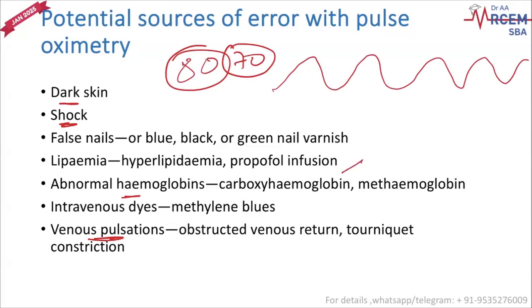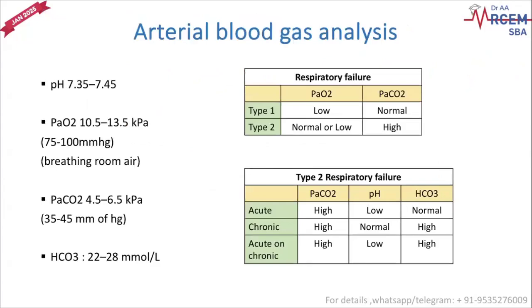Abnormal hemoglobin like carbon monoxide poisoning or methemoglobinemia can give abnormal saturations. Intravenous dyes like methylene blue can cause false values, as can propofol infusion. Nail polish, if they are using blue or black or green colored nail polish, will give false readings. You need to remember this. This is more for practical purposes.